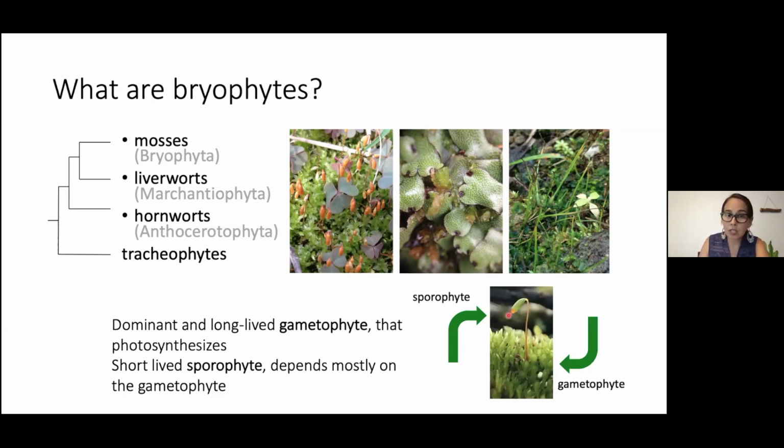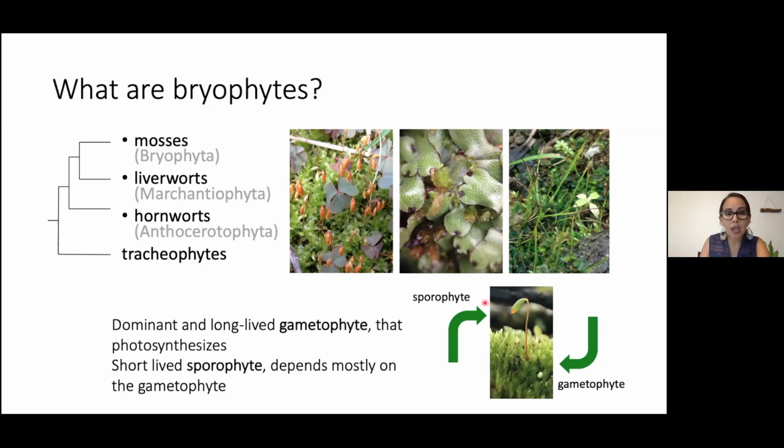Then when you see a structure like this one, that is the sporophyte, and the sporophyte's whole purpose in life is to produce spores, and the spores are the way that bryophytes disperse or reproduce. So they make spores to grow in different places.